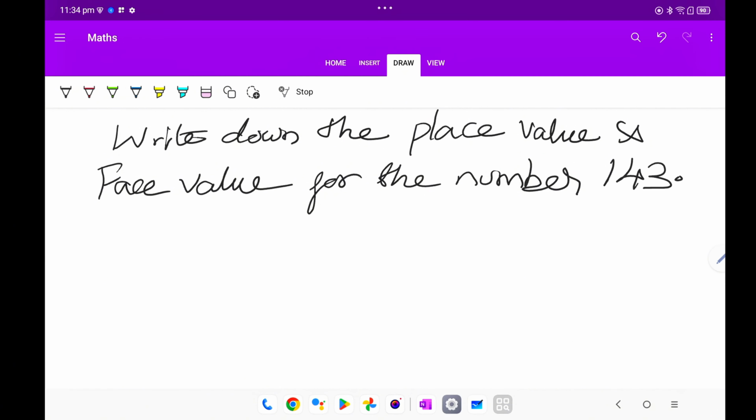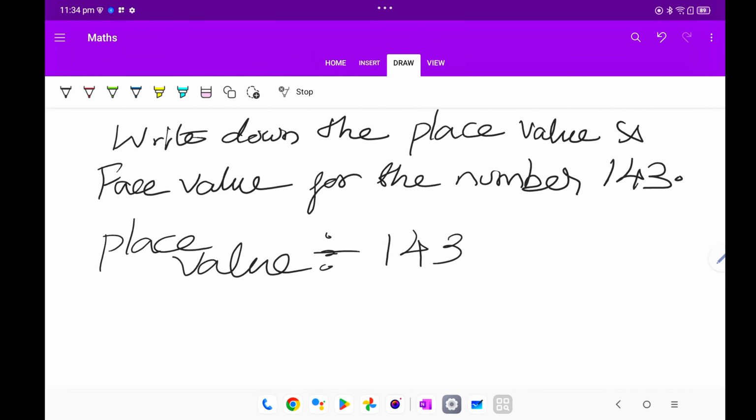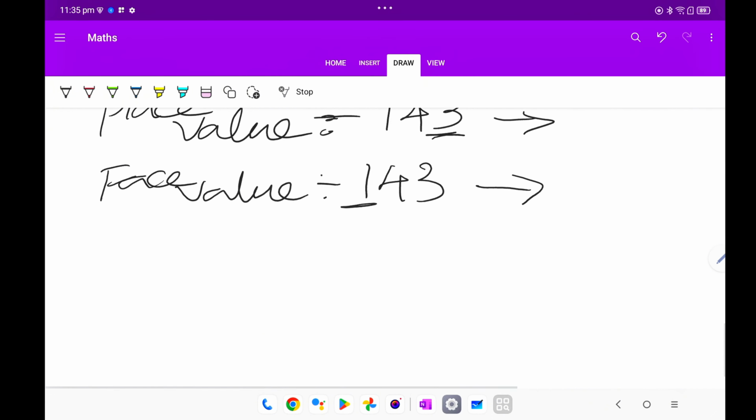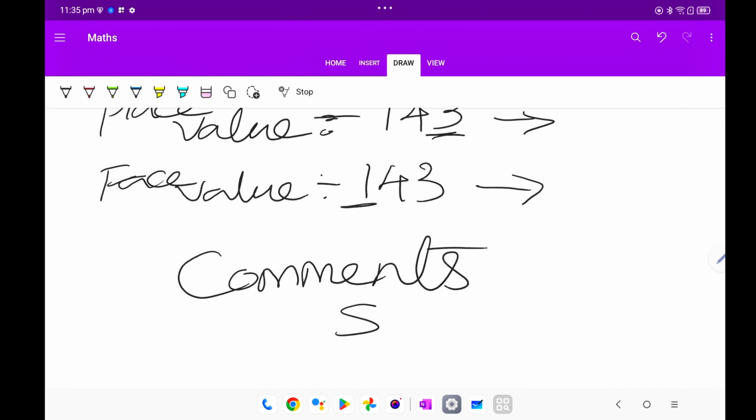Okay, the place value for the 143 will be 3. You have to write down the answer. For the face value, I'm going to give the underline number, which is under 1. So you have to write down the answer and submit your answers in the comment section.